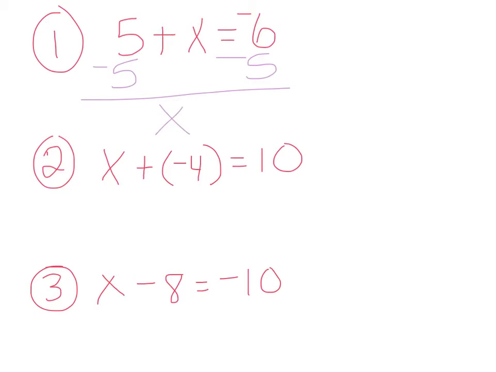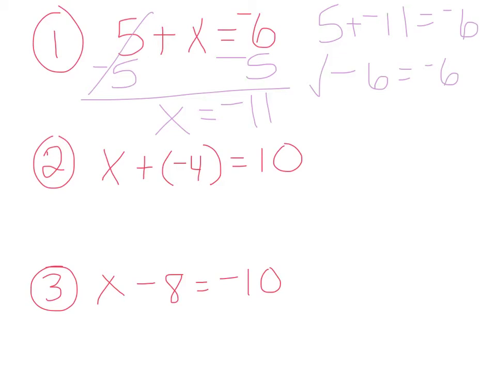So we have x, because those will cancel out. X equals negative 6 minus 5 gives you negative 11. And once again, we could check. 5 plus negative 11 equals negative 6. And 5 plus negative 11 is negative 6. So negative 6 equals negative 6. And that is our answer.